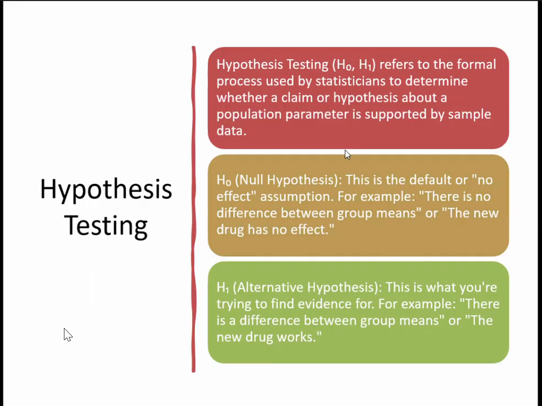So it's just a testable statement or an educated guess about a relationship between two or more things. Okay, so we have two answers. We have a guess and a theory. So both can be correct depending on how you understand them.